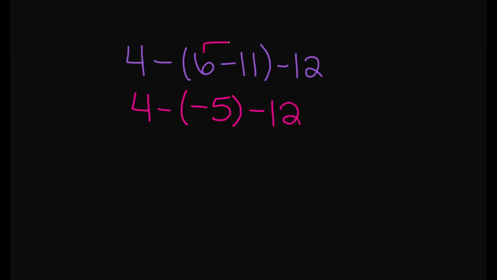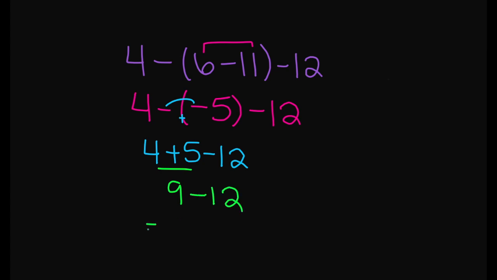Remember here, this is negative 5. And now we're going to continue solving. So these two negatives are going to turn positive. So we have 4 plus 5 minus 12. 4 plus 5, this is going to be 9 minus 12. And 9 minus 12, this is going to equal a negative 3. So your final answer here is negative 3.